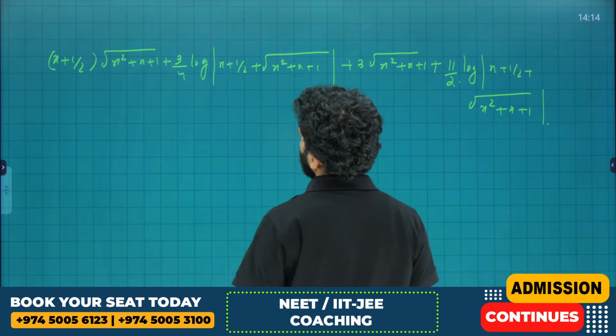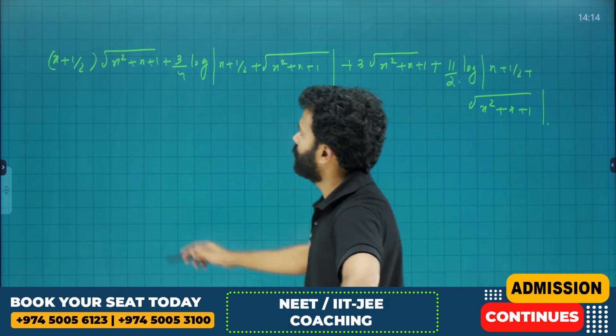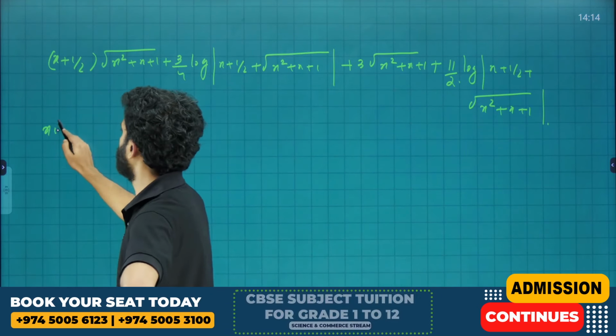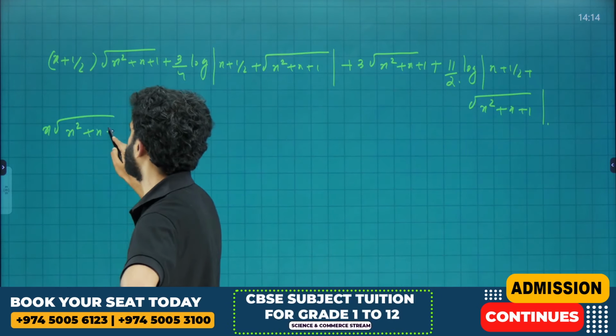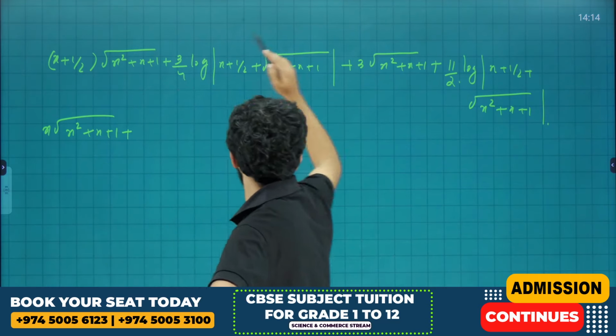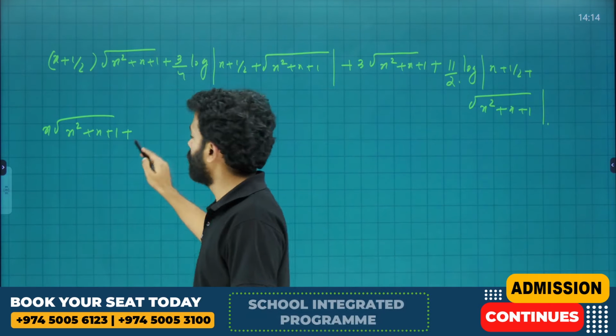Okay, yeah. So we can sum up the like terms here. It will be, this can be further written like x into root of x square plus x plus 1 plus, this is 1 by 2 and this is 3 here, which will be 7 by 2.